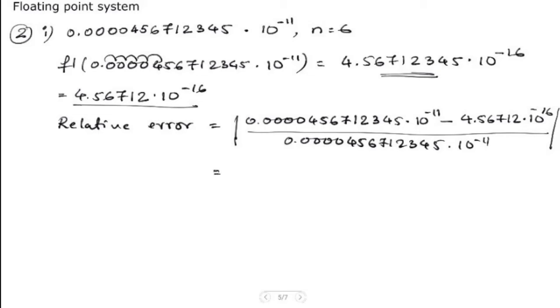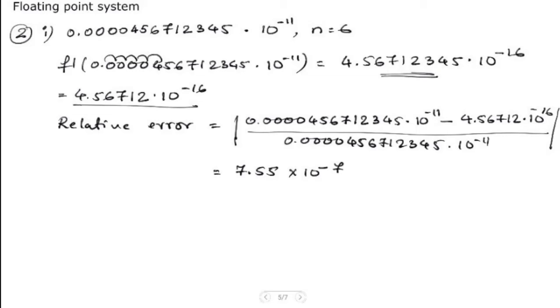And this gives us the relative error as 7.55 times 10 to the power minus 7.